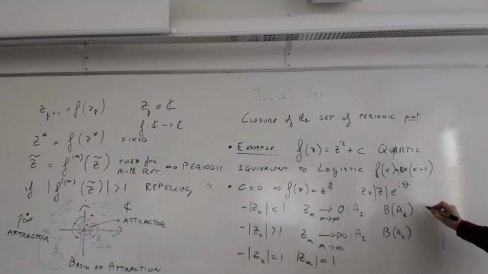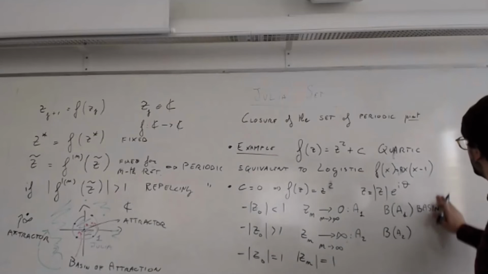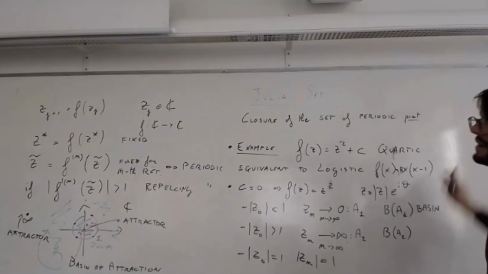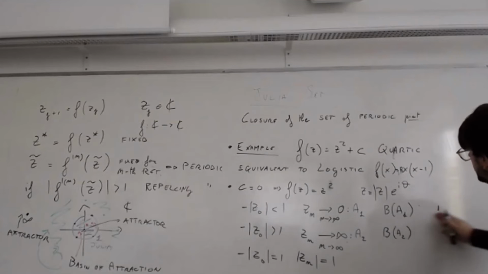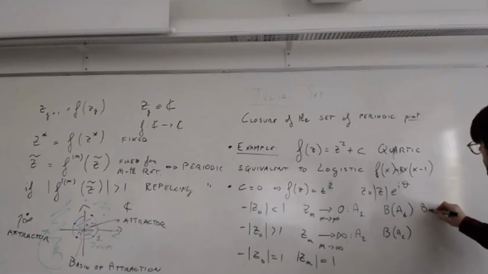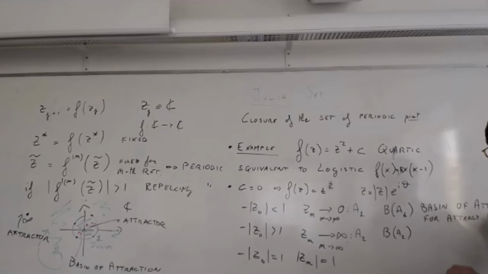Can you see the basin thing here? Ah, okay, you can see a little bit farther than this line. So you can see up to here, basically. So this is the basin of attraction for attractor A1.